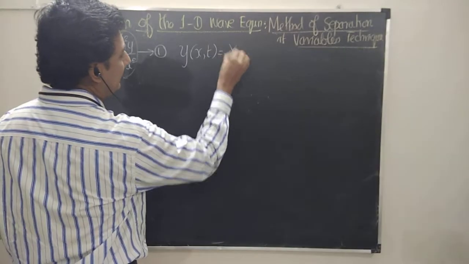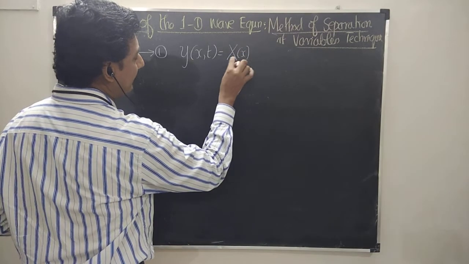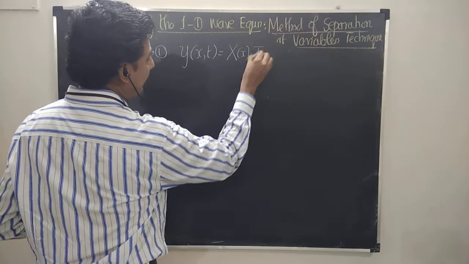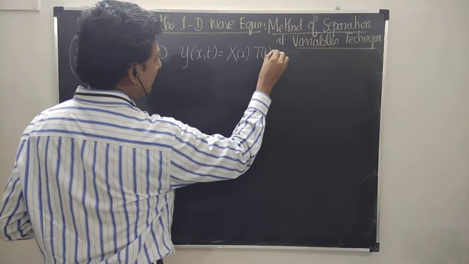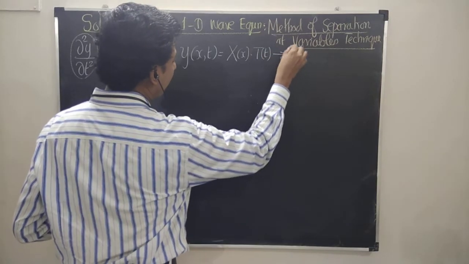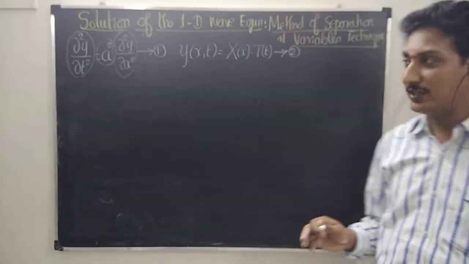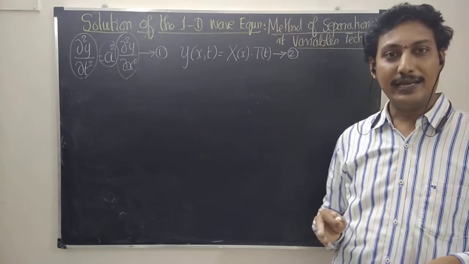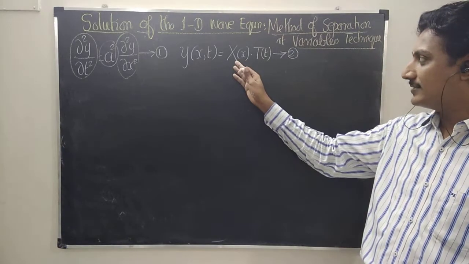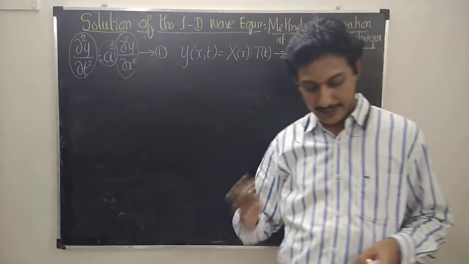So capital X is a function of small x and capital T is a function of small t. So this is my required solution. Once we solve the one-dimensional wave equation, I need to get the answer y = X into T, a product of X and T.